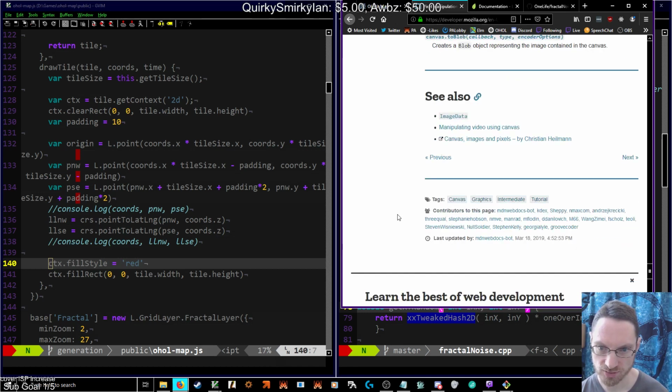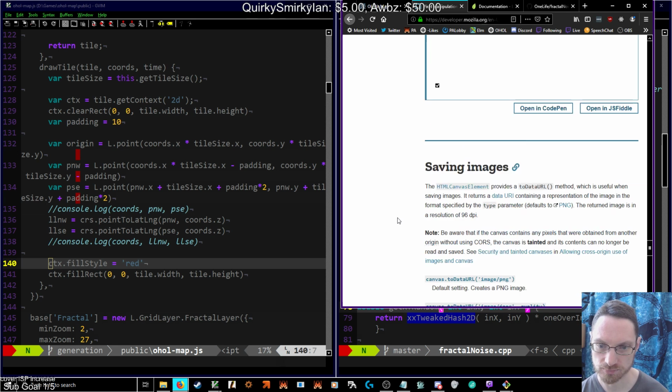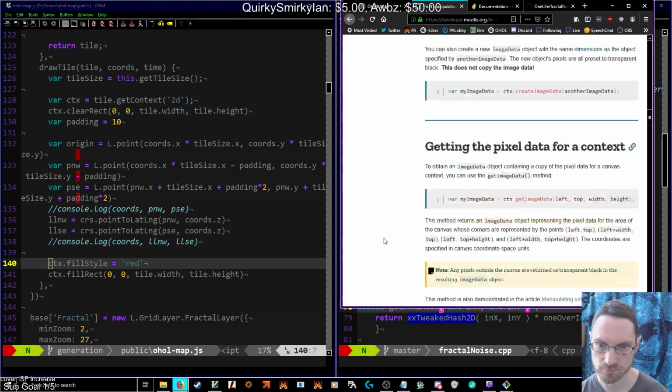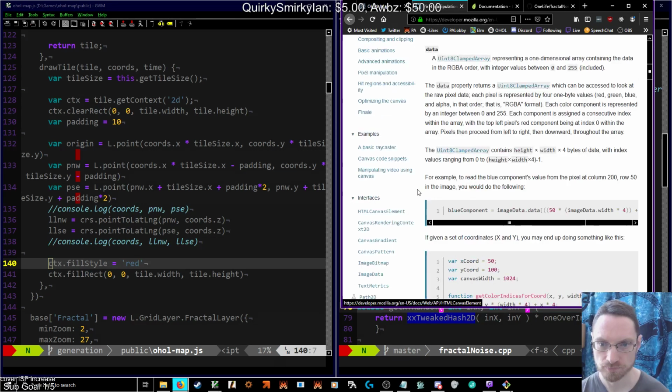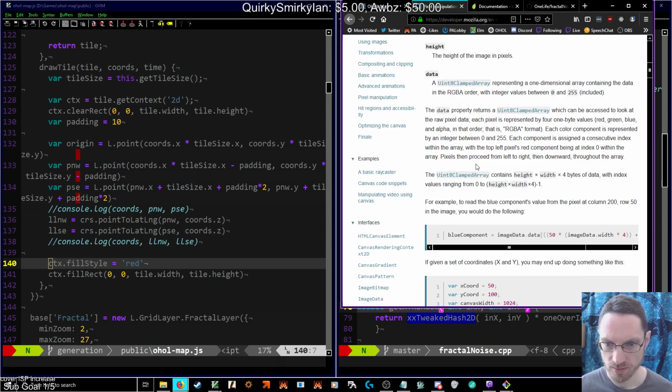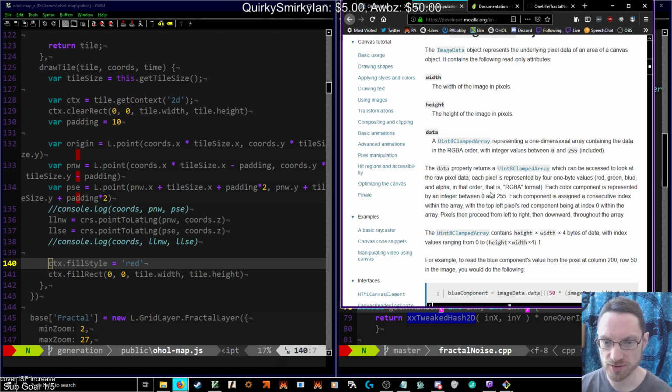Saving images. So this is an image data.